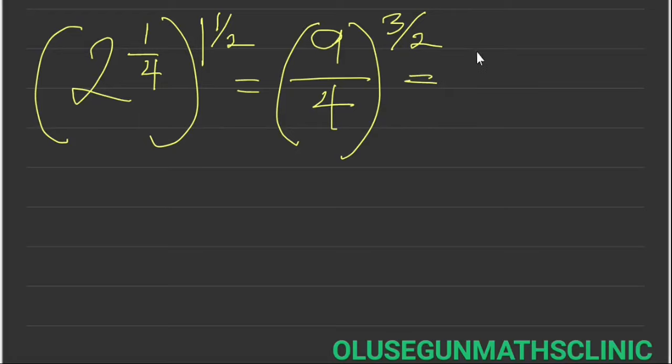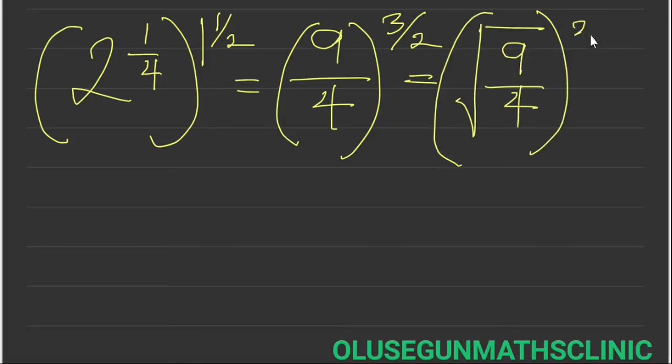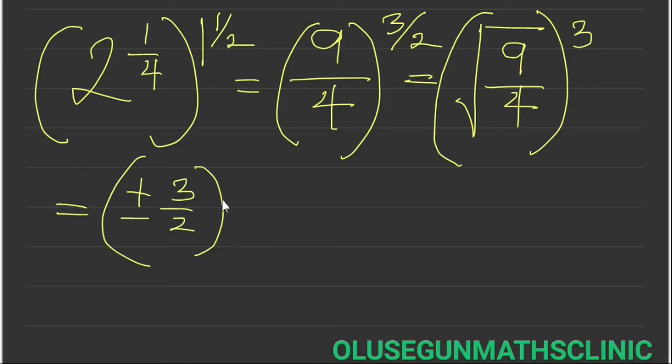It will now rewrite as square root of 9/4 all raised to power 3. So the square root of it will give you plus or minus 3/2 all raised to power 3. That's just the meaning. So by the time you expand, you have plus or minus 27/8.